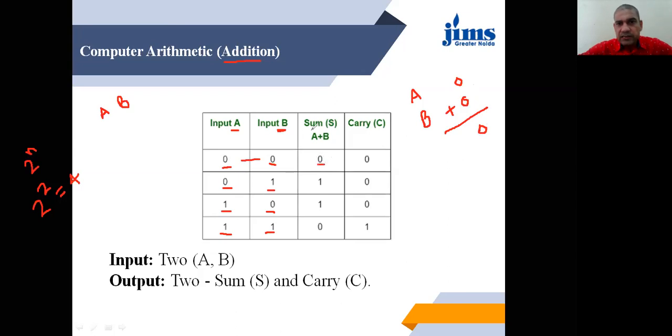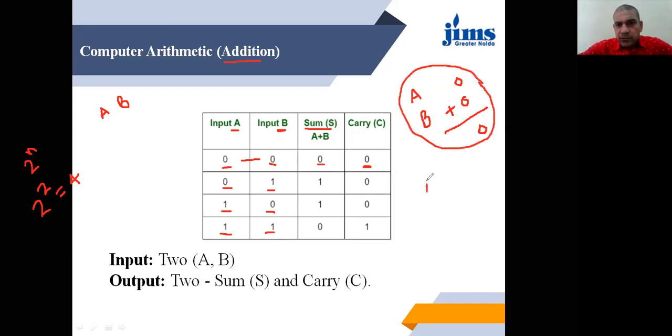It is represented by the sum, that is S, and there is no carry. As we perform these additions in decimal, we can compare this addition with decimal numbers also. So there is no carry in this case.